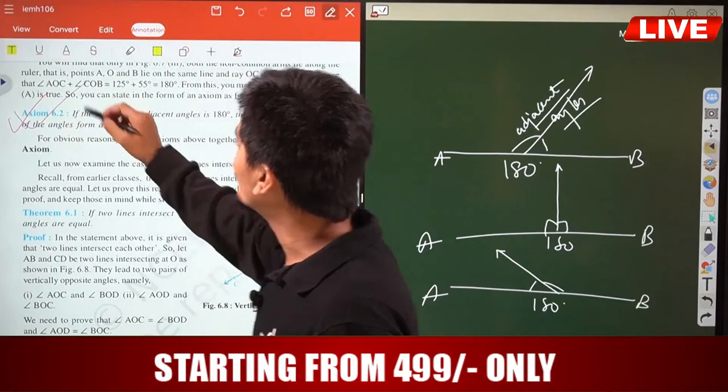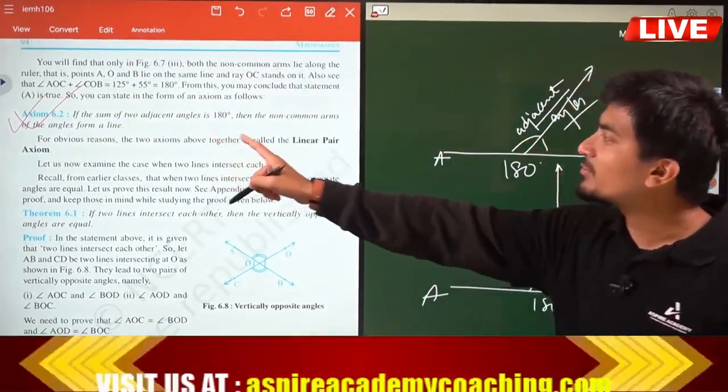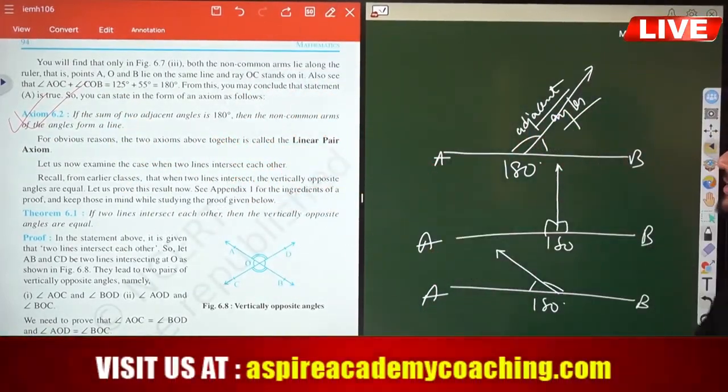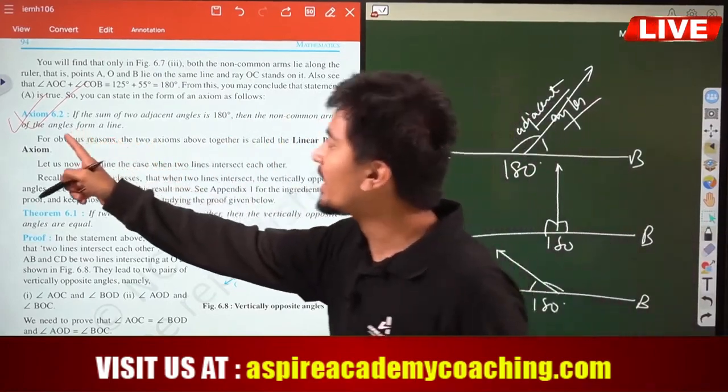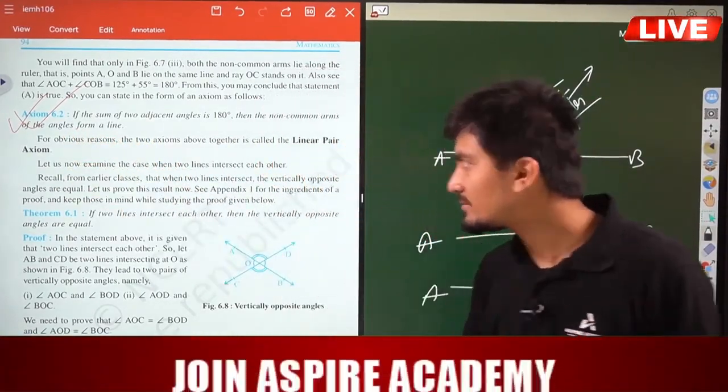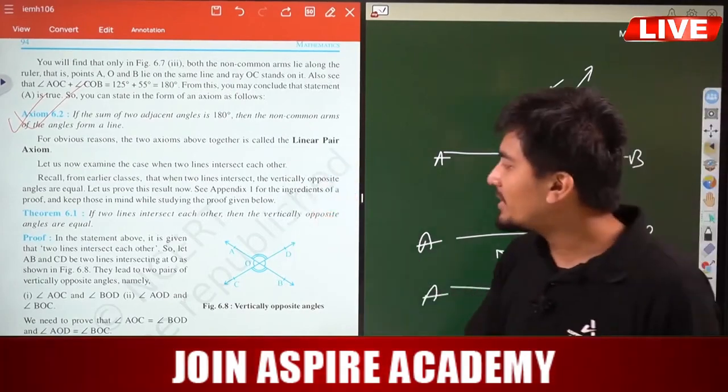Axiom 6.2. If the sum of two adjacent angles is 180 degrees, then the non-common arms of the angles form a line.